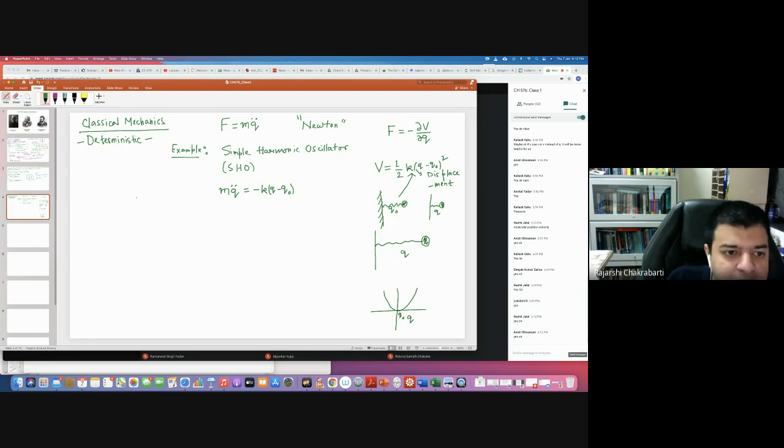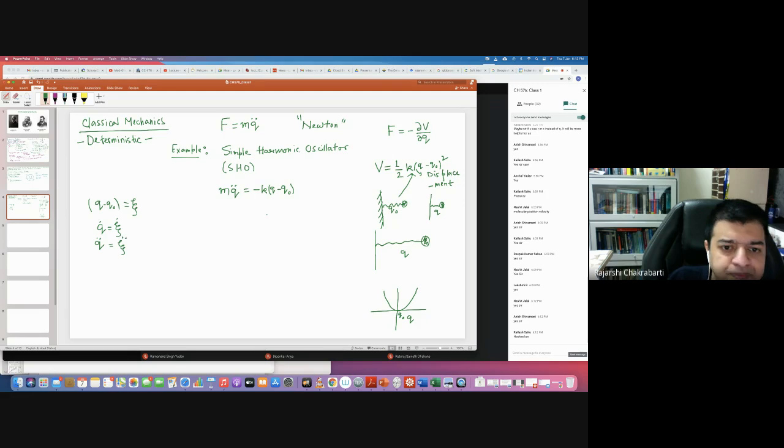Let us call this Q minus Q naught, say, xi. If you have done a quantum mechanics course where you were taught the simple harmonic oscillator, you will see that this kind of notation is used. So if this is xi, then Q dot is nothing but xi dot, and Q double dot is xi double dot.